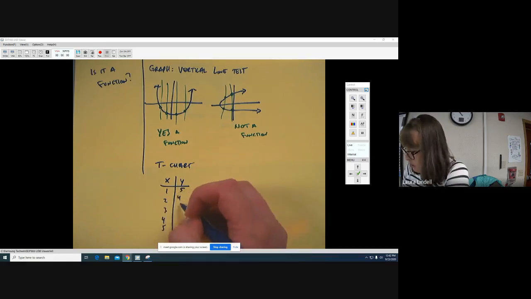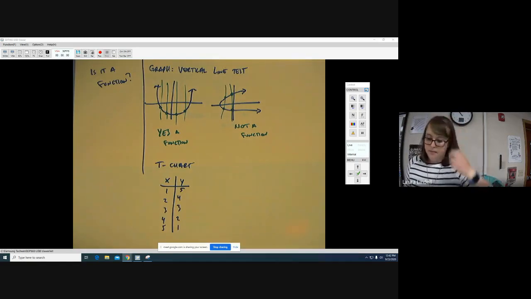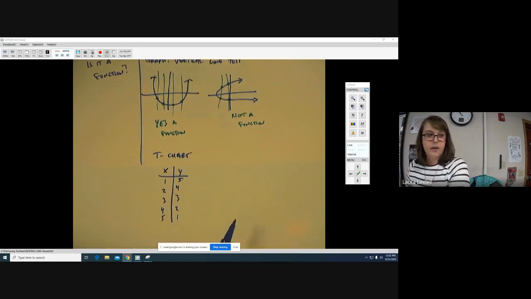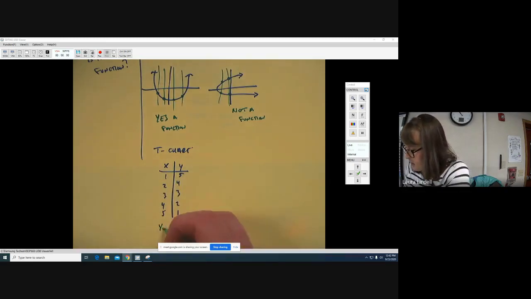We'll go 5, 4, 3, 2, 1 there. If each X value only has one corresponding Y value, then it's a function. So this one is yes, since each X value has only one corresponding Y.